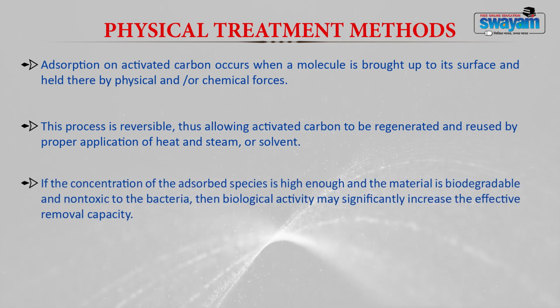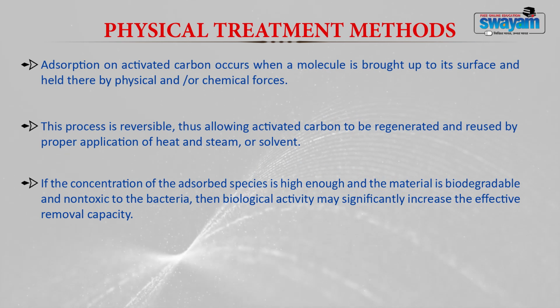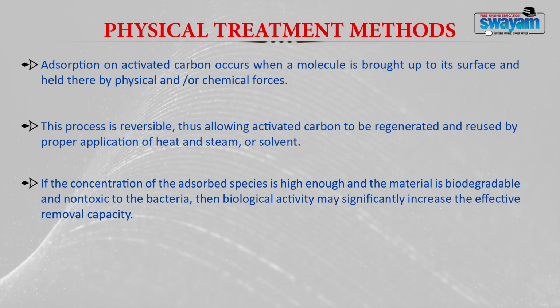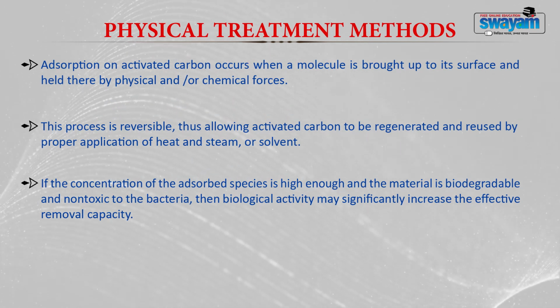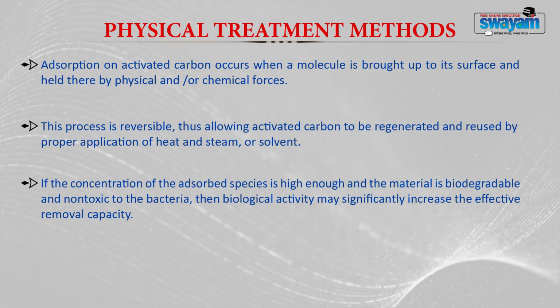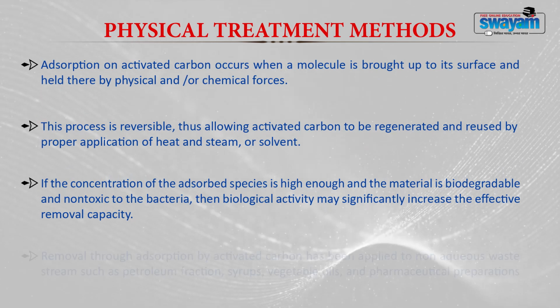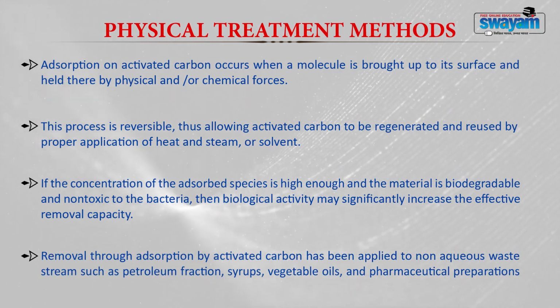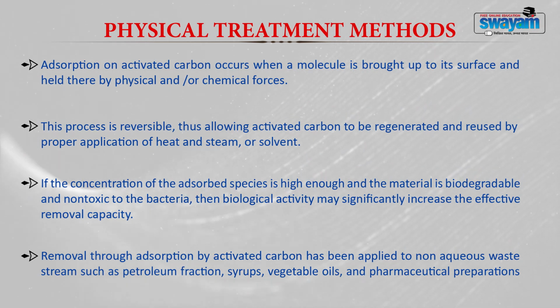If the concentration of the adsorbed species is high enough and the material is biodegradable and non-toxic to the bacteria, then the biological activity may significantly increase the effective removal capacity. The removal through adsorption on activated carbon has been applied to a number of non-aqueous waste streams like petroleum fractionation, syrups, vegetable oils and pharmaceutical preparations.